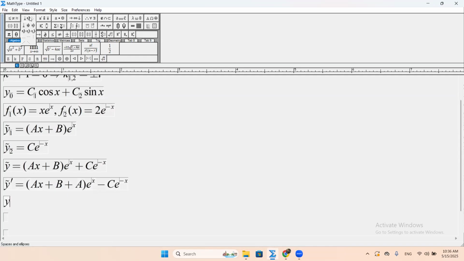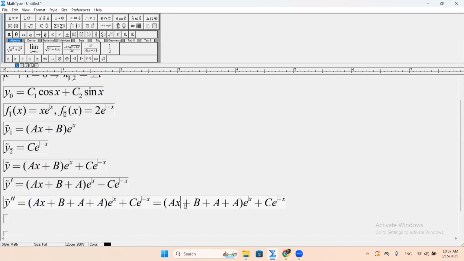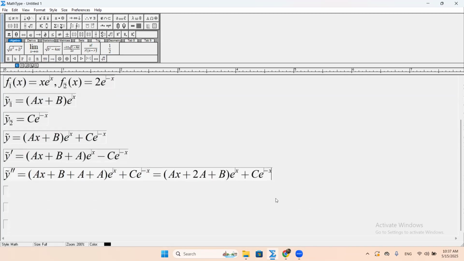And then y double prime will be equal to, first of all, write this expression, and then plus a multiplied by e to the power of x, and plus c e to the power of minus x. Now let us simplify it a little bit: ax plus 2a plus b. And now let us substitute it into the initial equation.